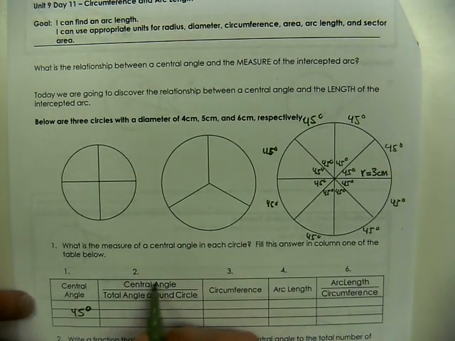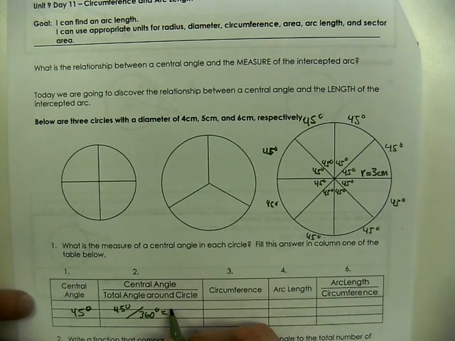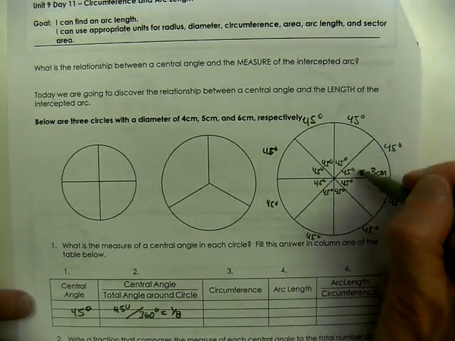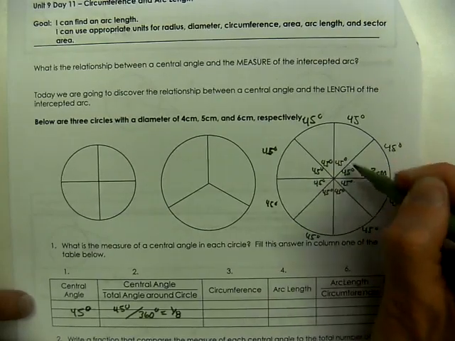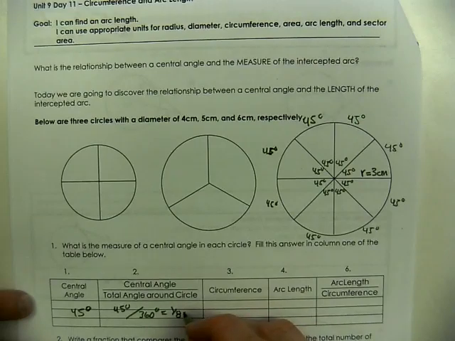Let's take that central angle, put it on the top, and let's put the total angle around the circle, that's your 360 degrees. So if you put 45 degrees on the top and 360 degrees on the bottom, that reduces to 1/8, which makes sense because 45 degrees is 1 out of all the 8 parts that you see. If we were to look at the decimal value, that would be 0.125.